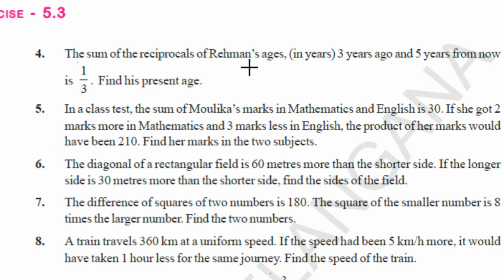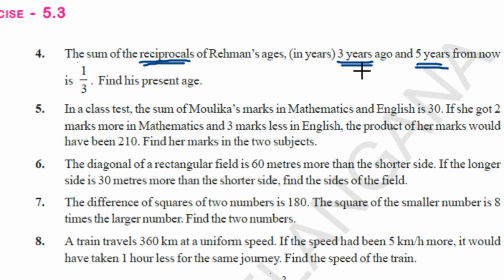We have to take first the age of Rehman 3 years ago, and then we need to take the same person, Rehman's age after 5 years, and then we have to take their reciprocals.